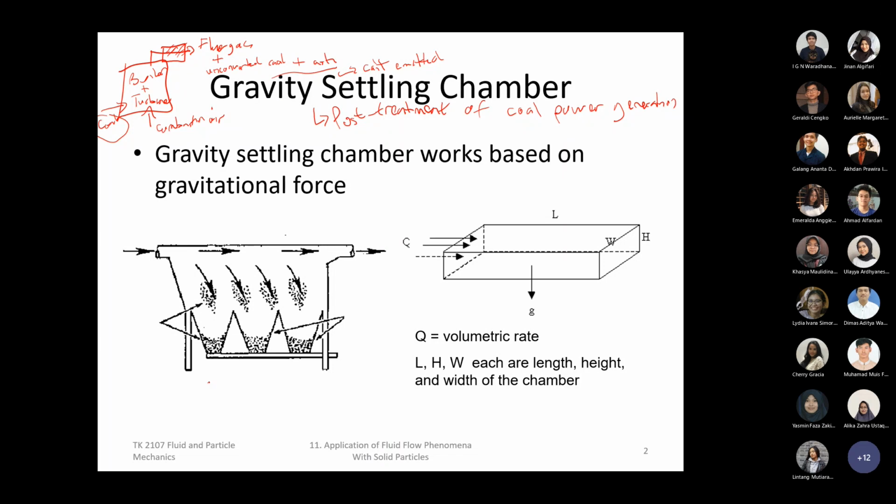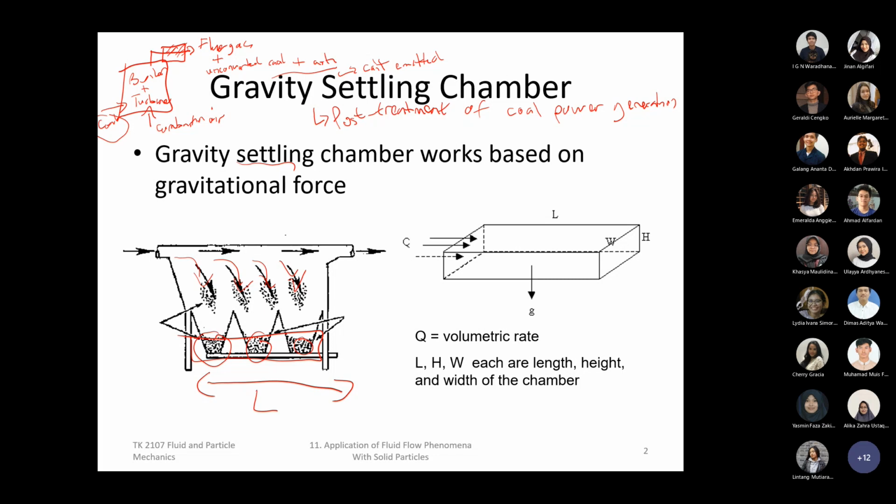So provide enough length so that the heavy particle will settle. Settle means it will go towards the bottom of the chamber, where it can be collected.